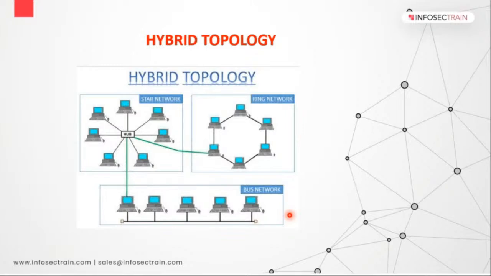Now we have discussed star topology, mesh topology, bus topology, ring topology. Out of those topologies, which one is the fastest, guys? Which topology can you say is the fastest one?